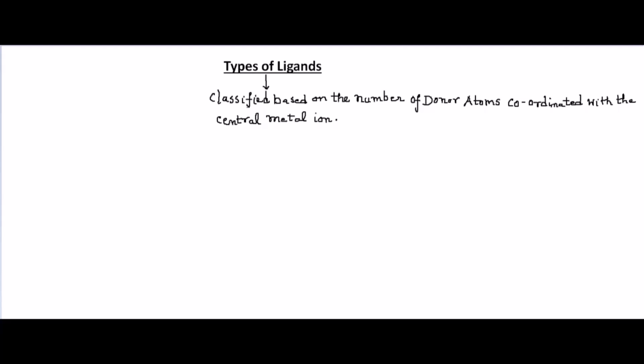Now ligands are of various kinds, so the types of ligands need to be studied. As I have written here, ligands have been classified based on the number of donor atoms coordinated with the central metal ion. That means whatever the number of donor atoms is, that will categorize different kinds of ligands.